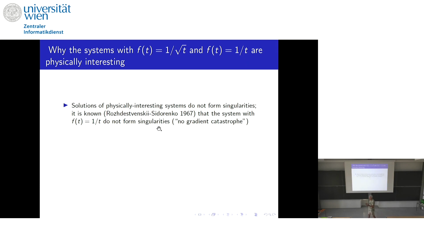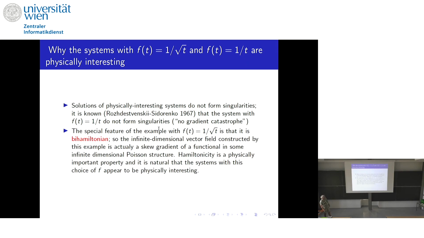With PDEs you sometimes have singularities even for a trivial PDE, like the Hopf equation, which in theory always forms a singularity in finite time. Now, the special feature of the other example, with 1 divided by the square root of t, is that it is bi-Hamiltonian. I will not explain the word, but one can view the infinite-dimensional vector field as a skew gradient of a functional in some infinite-dimensional Poisson structure.